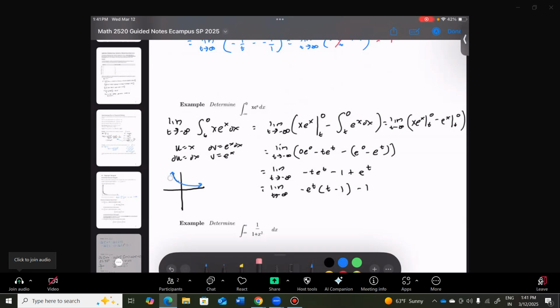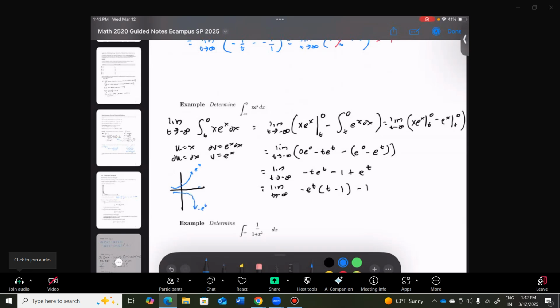That's e to the t, not negative e to the t. So it goes up like this. This is e to the t. We don't need a negative up there. The negative of this will make it go down this way. That's negative e to the t.